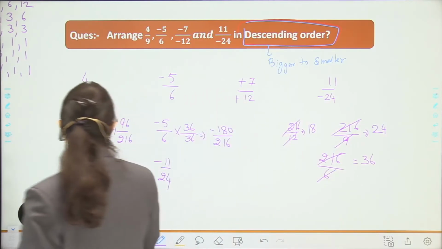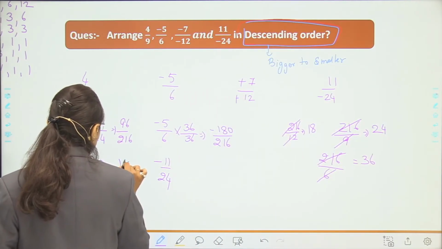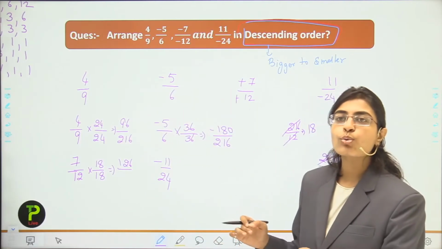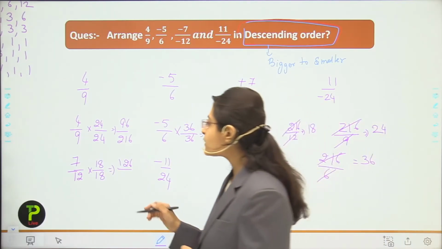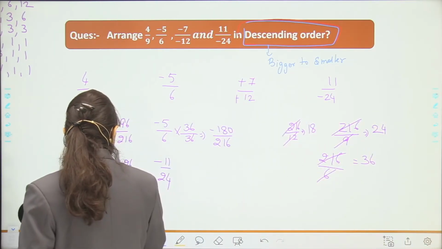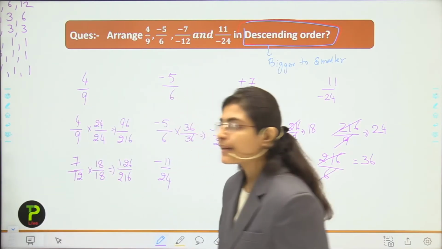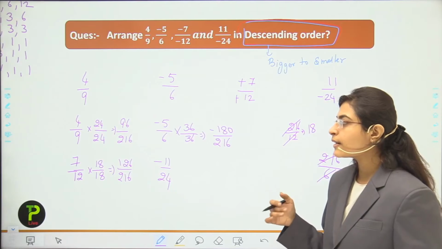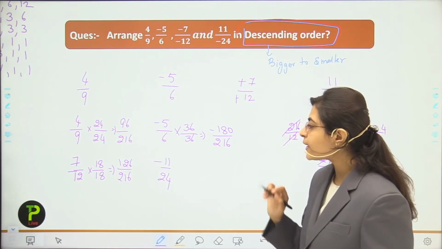So here it will be 126 and 18 into 12 is 216.